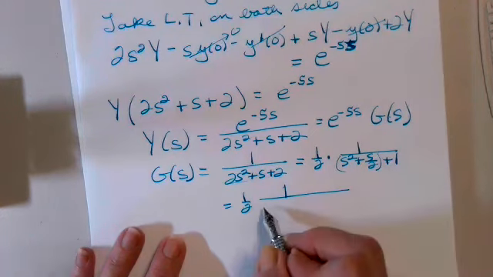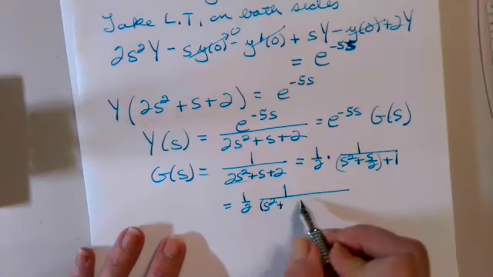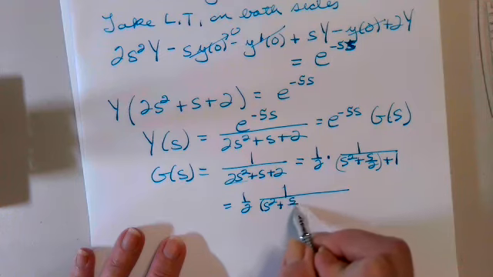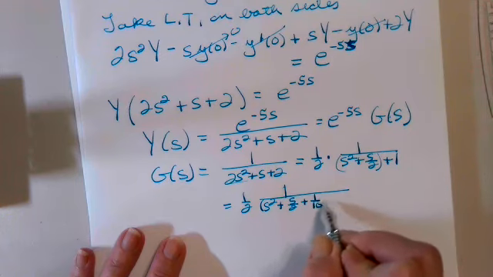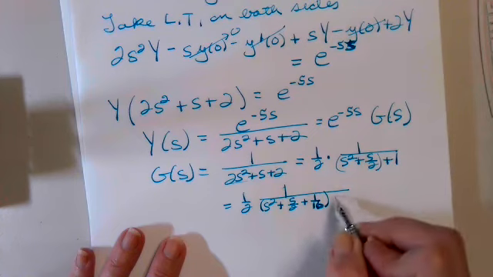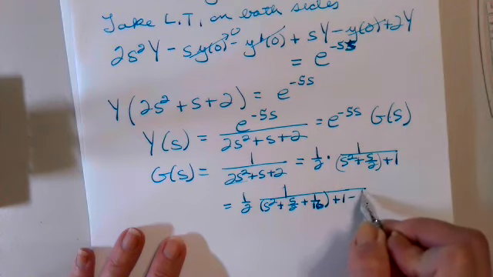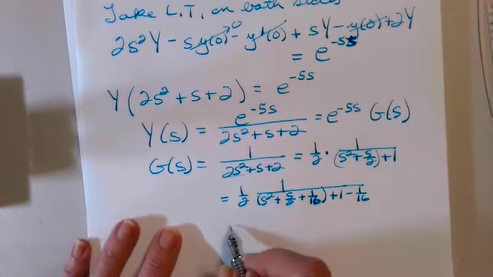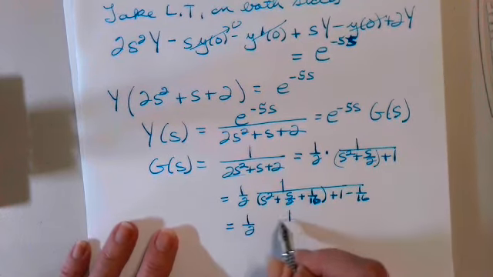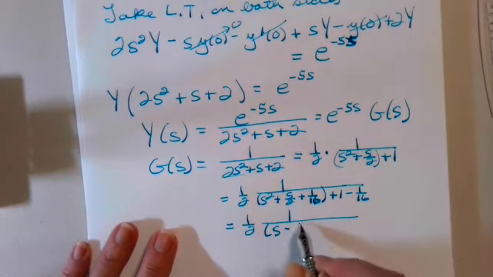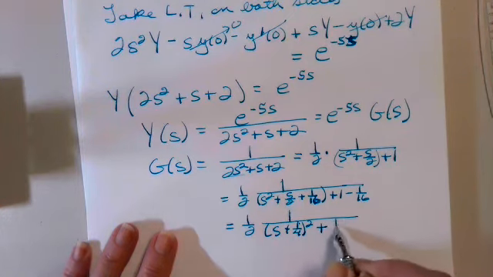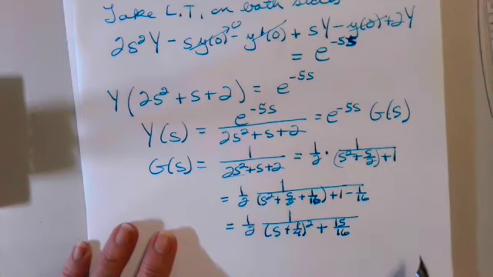Half the coefficient of s is 1/4, and when I square it, I get 1/16. I added in 1/16, so I have to subtract 1/16 here. So this becomes 1/2 times 1 over s plus 1/4 squared plus 15 over 16.